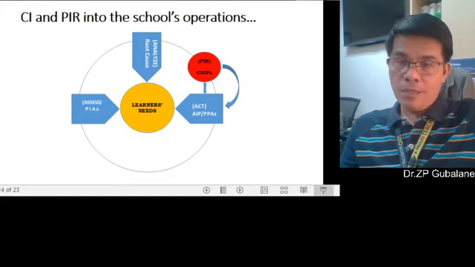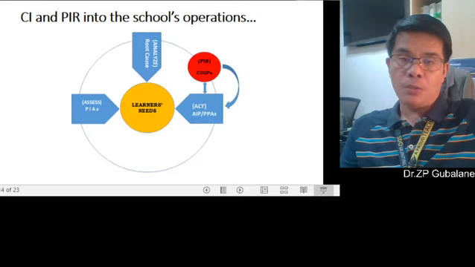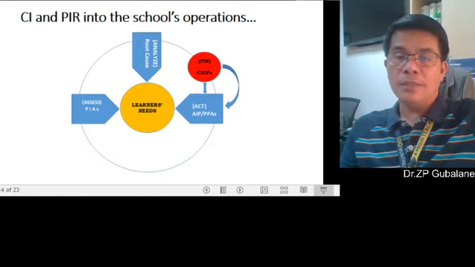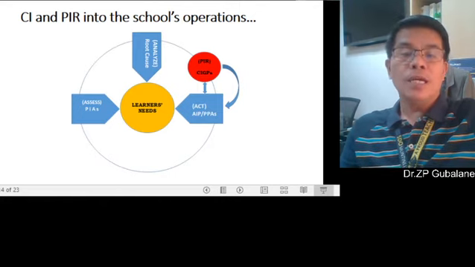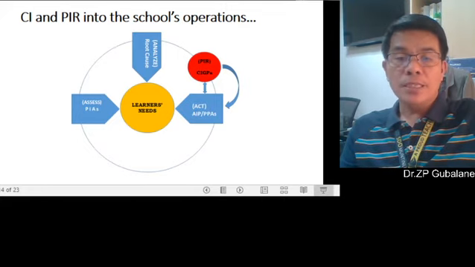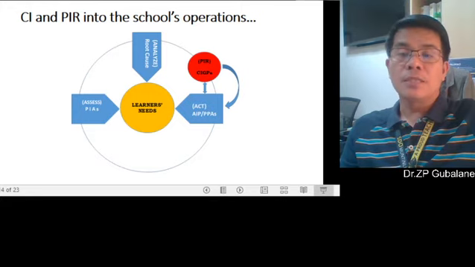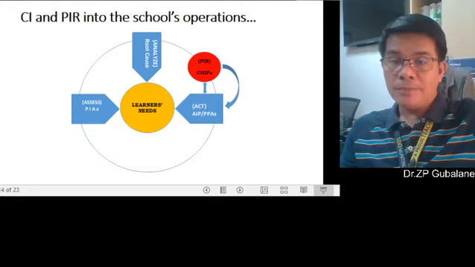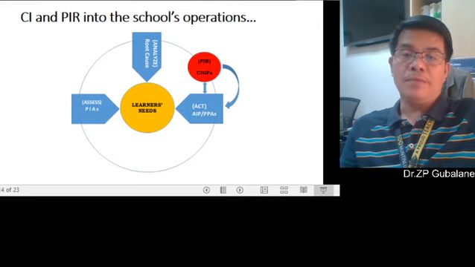So today you are doing a PIR. So basically, what the process is looking at right now are your programs, your projects, your activities, as to targets, as to accomplishment.